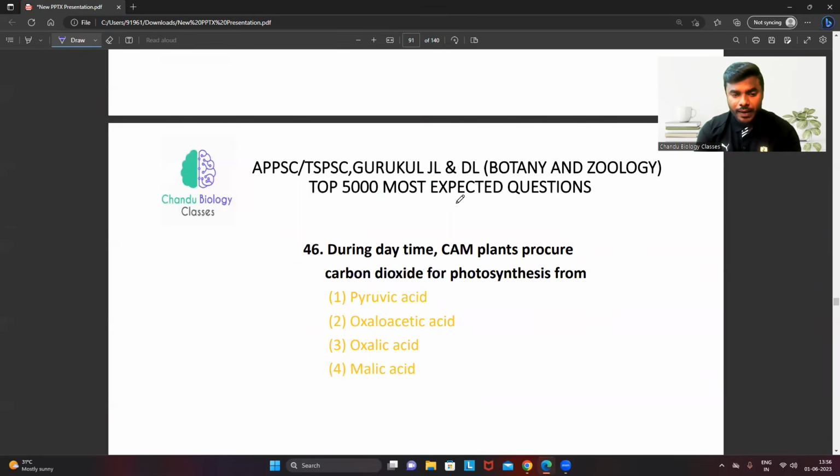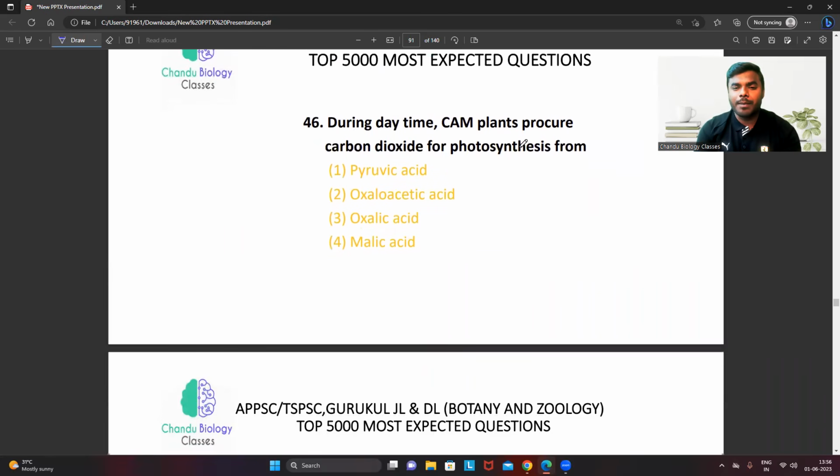Now, the next question. During daytime, CAM plants procure carbon dioxide for photosynthesis from. They are asking, friends, during the daytime. First of all, during the night time, what will happen in the CAM plants? Everyone knows very well. In the night time, they store the sugar in the form of malic acid.